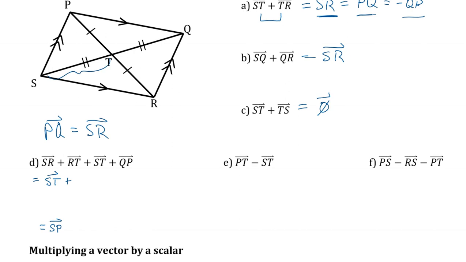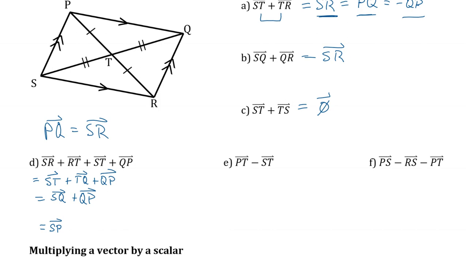So this vector and this vector are the same. So this is like plus TQ. Instead of adding ST, I'm going to add TQ because those vectors are equal. So this ends up being SQ because now I've ended at T and started at T. And SQ plus QP is SP. So I took a roundabout path, but the resultant vector of the addition of all those vectors is SP.